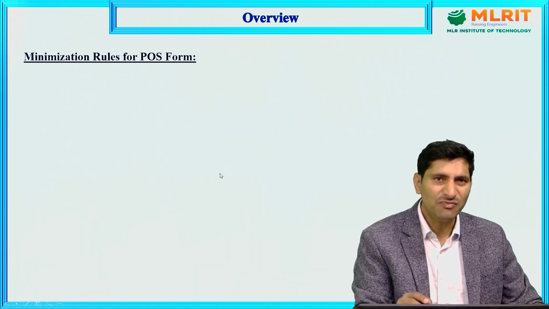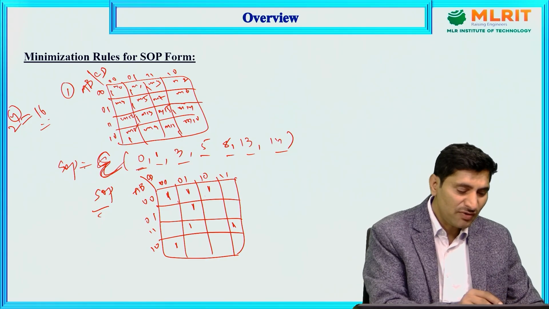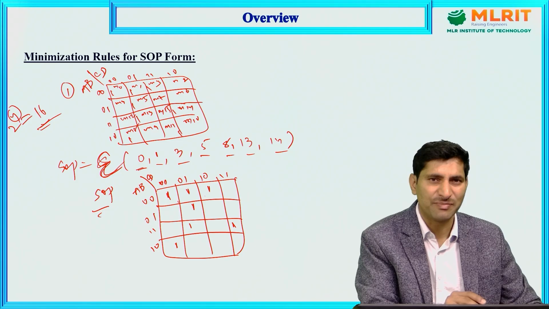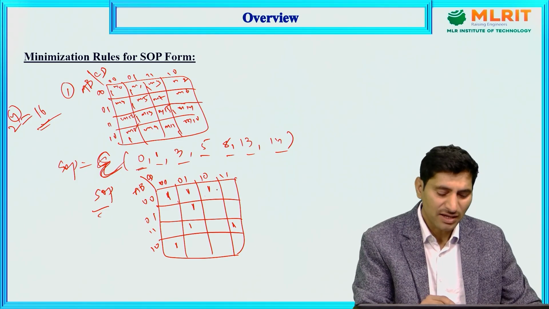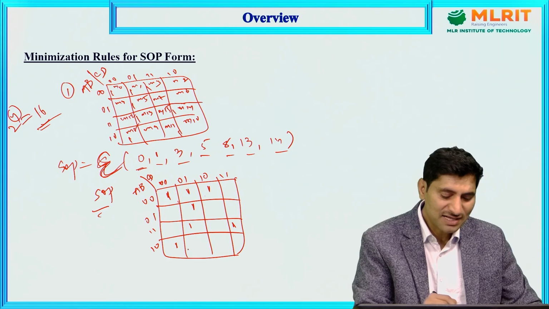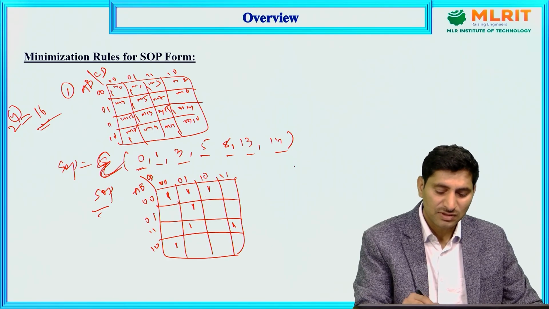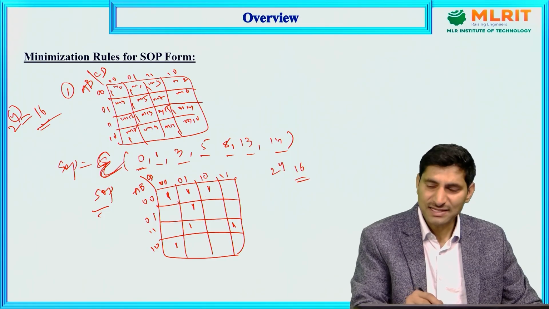So we have to start from the maximum. Using 4 variables, 16-cell grouping is possible. That is the maximum. Okay. Here all 16 cells are not filled with 1, so the maximum 16-cell grouping is not possible. Okay. Next highest we have to see.